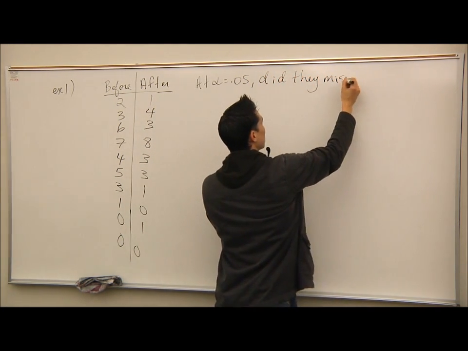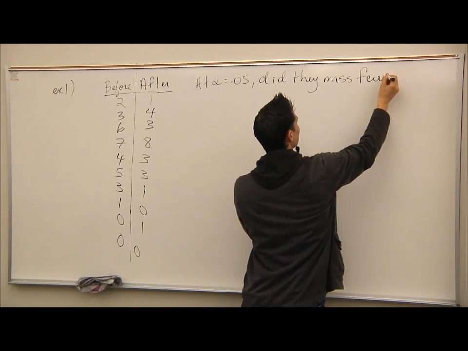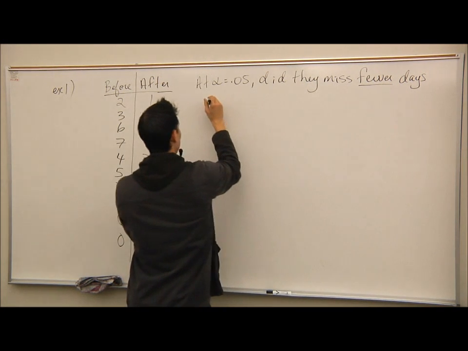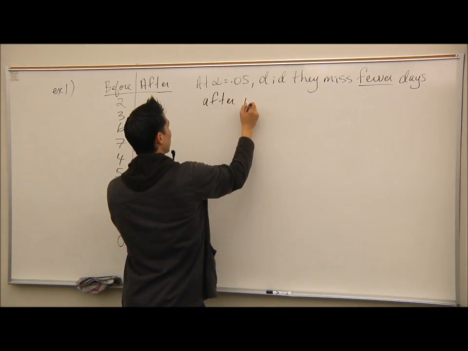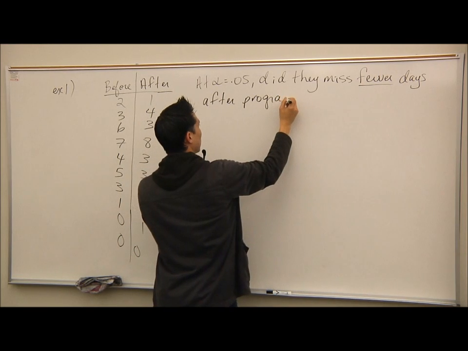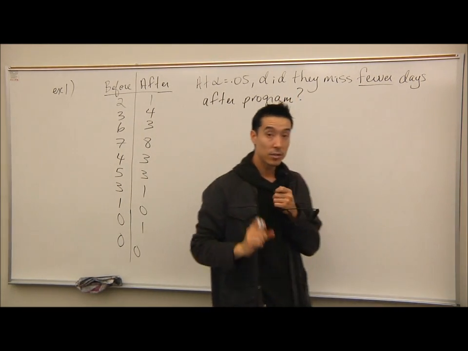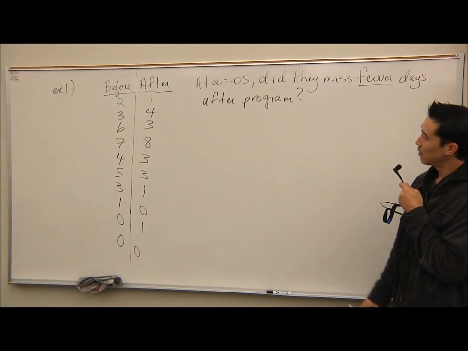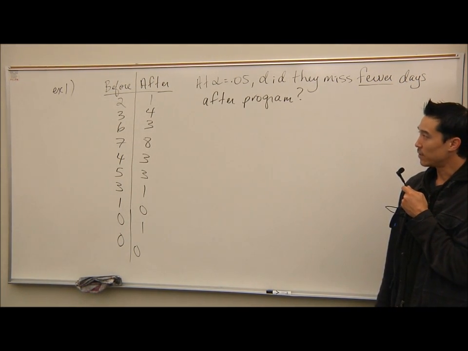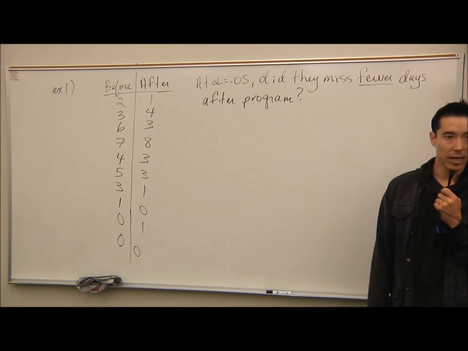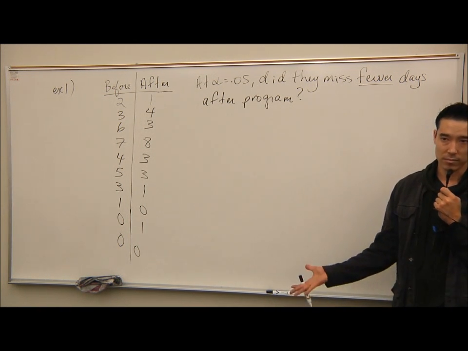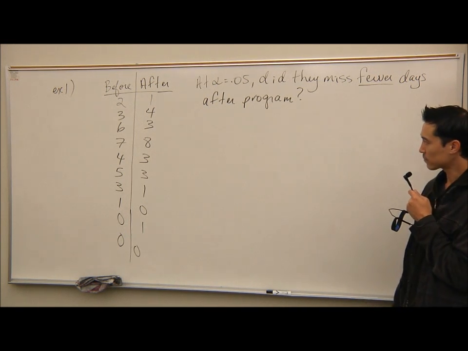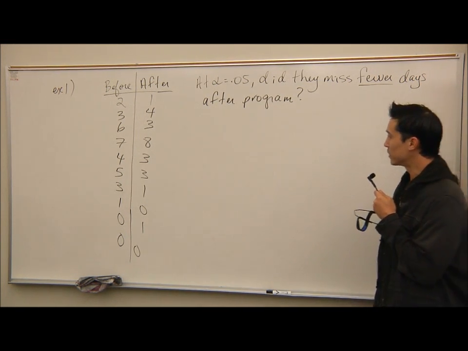If you saw this on a homework or a quiz or a test, it should be pretty obvious that this is today's material because it's a before and after situation. This is the only problem we've done with the before and after situation. So it's today's material: test for dependent samples.